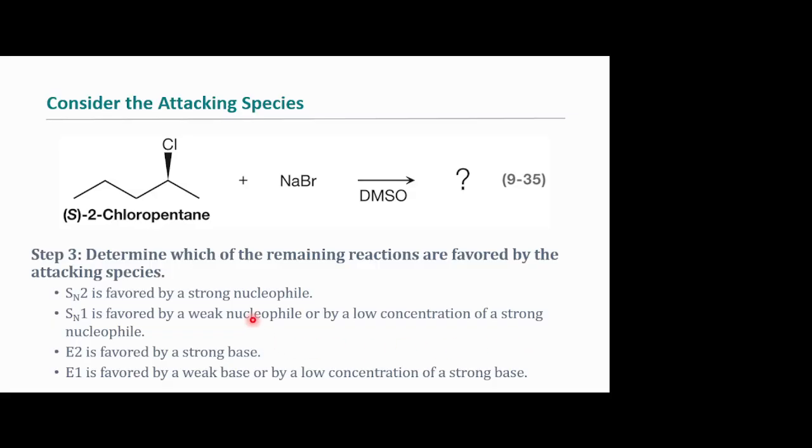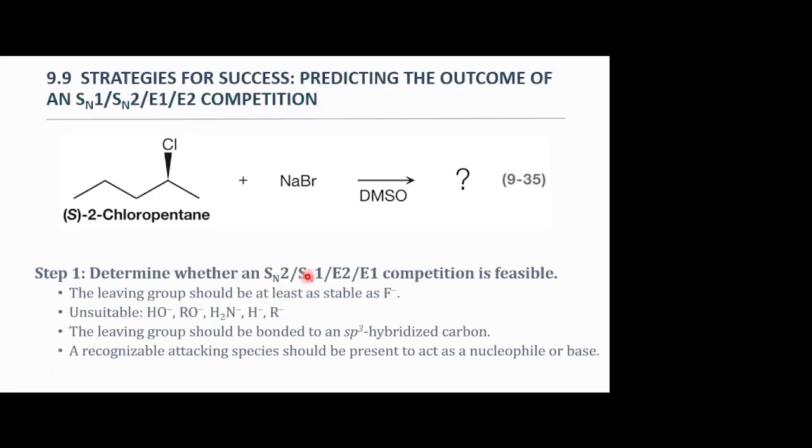Now, the hardest one that you're going to run into and have difficulties with is the SN2 versus E2. Okay? Because what makes a strong nucleophile versus a strong base can be a little bit on the subtle side, right? But remember that this is step 3, okay? The vast, vast majority of problems are going to be determined by steps 1 and 2, okay?